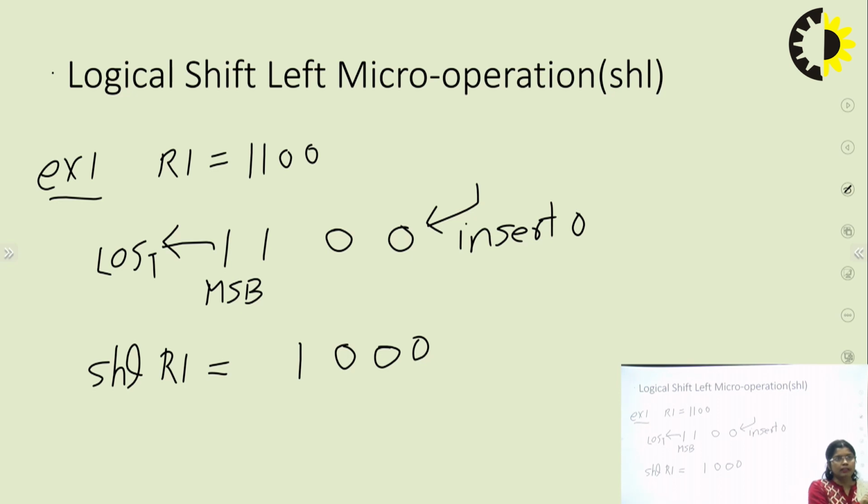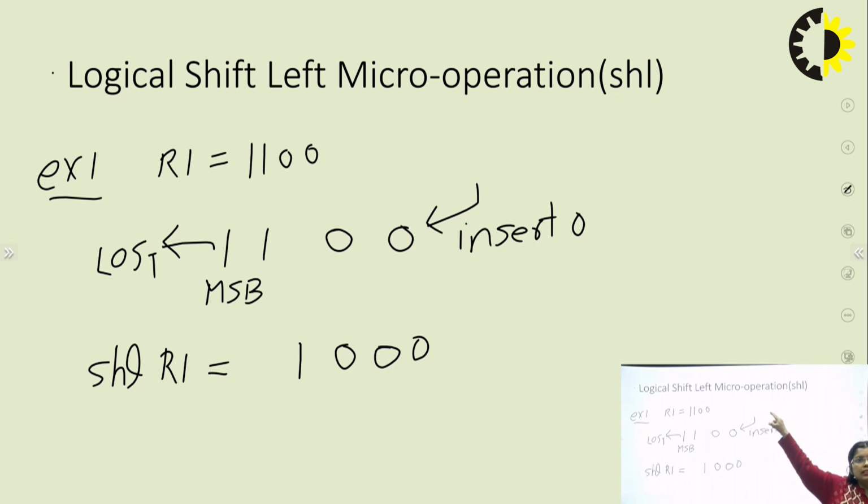So the first one is the logical shift operation, which again has 2 types, the first being the logical shift left. How it is going to be inserted, for example. These questions are not just 2 marks or 5 marks questions; we can also explain whatever the questions will be.